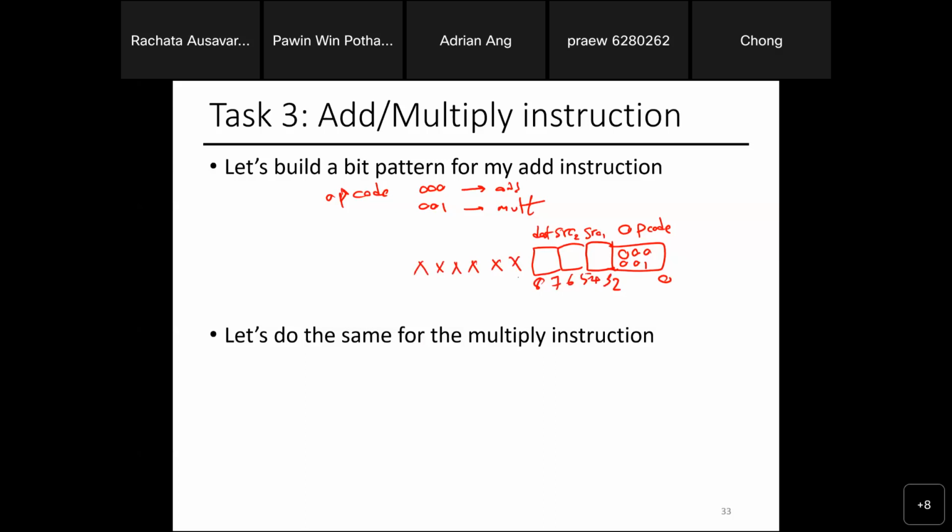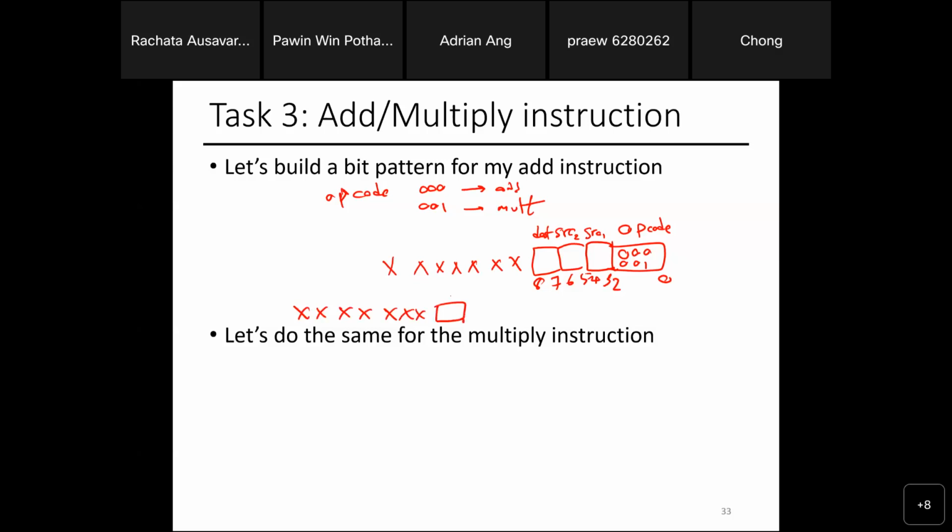All right, 9, 10, 11, 12, 13, 14, 15. When you see X in a bit pattern, usually what we call this is don't care. It can be 1 or 0, we don't care. It can be some noise in the electric signal, we don't care. So in an add instruction, it's going to be basically don't care.